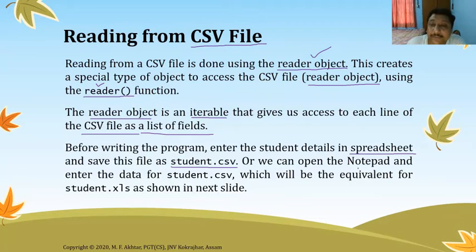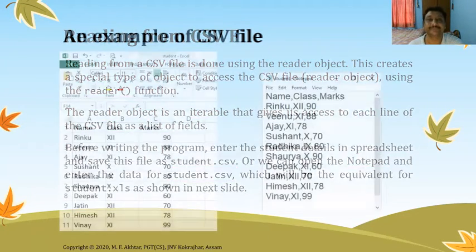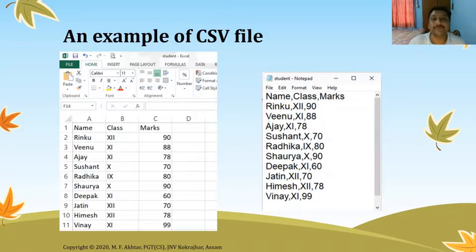Or we can open Notepad. Same thing we can do using Notepad: type the data, then save the file as student.csv, which will be equivalent to the student.xls shown in the next slide. Either we can use this method or that method; any one method we have to do.